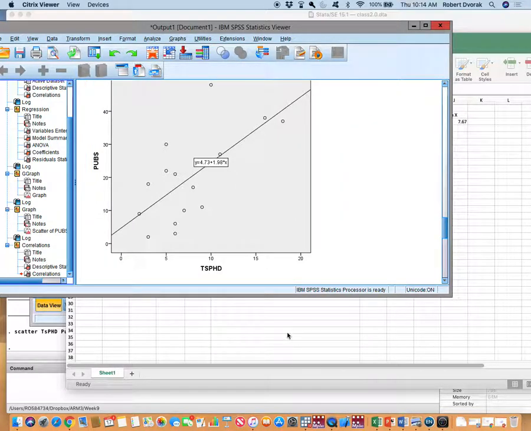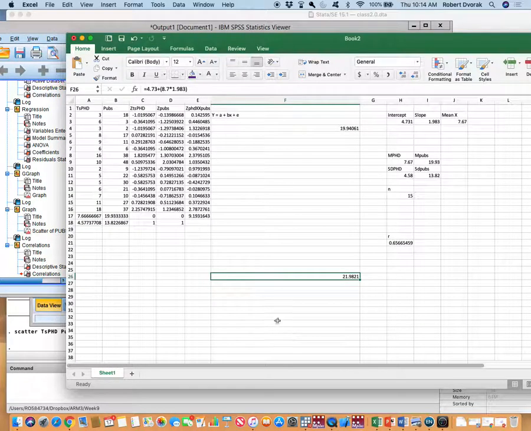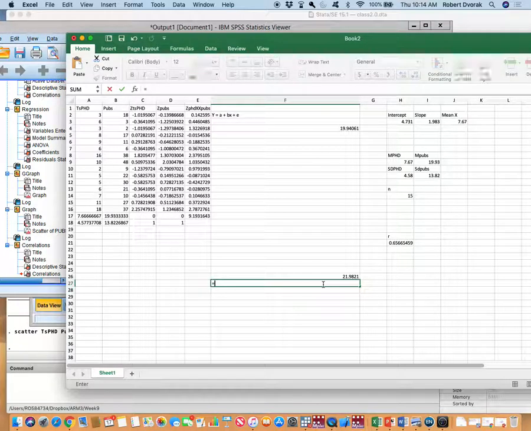All right, let's pick a value of PhDs. So this person here, actually let's do 10. This person here is 10, so equals 4.73 plus 10 times 1.98. Is that right? Close enough.